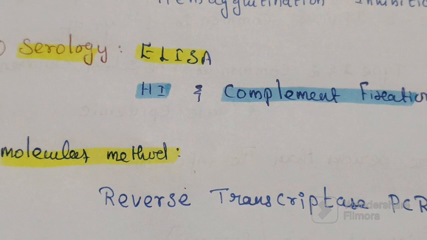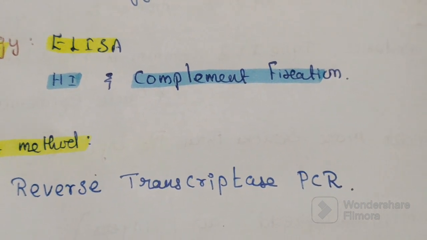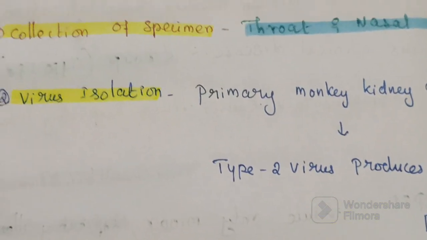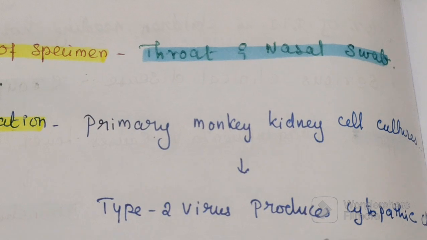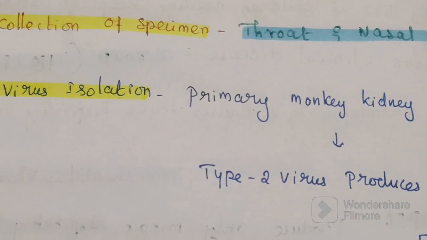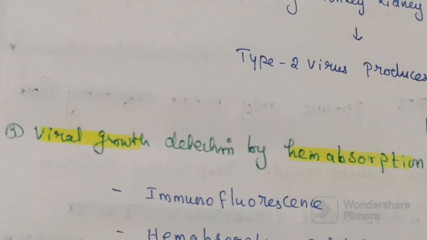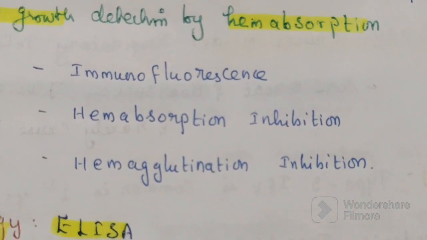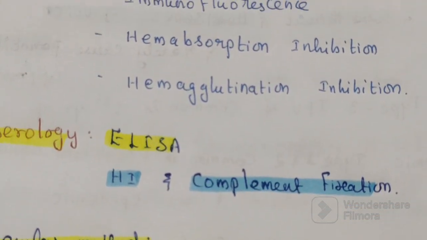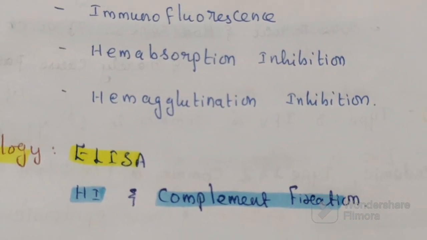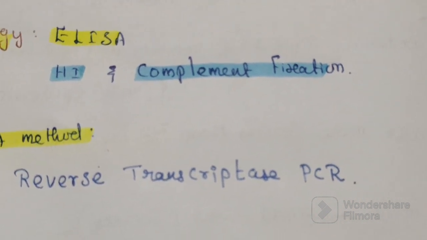Then molecular methods, which include reverse transcriptase polymerase chain reaction, RT-PCR. So the laboratory diagnosis methods are: sample collection of throat and nasal swab, virus isolation in primary monkey kidney cell culture, virus detection by immunofluorescence, serology, and molecular techniques.